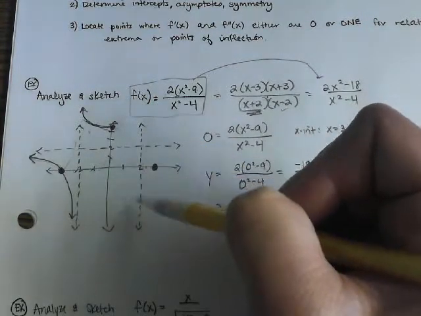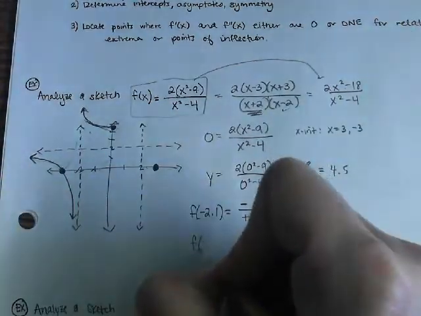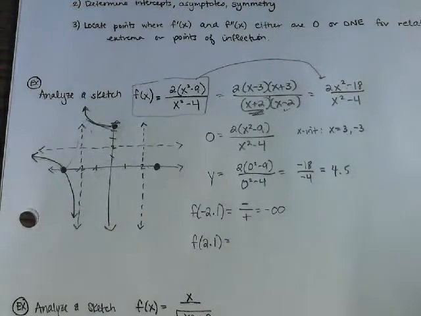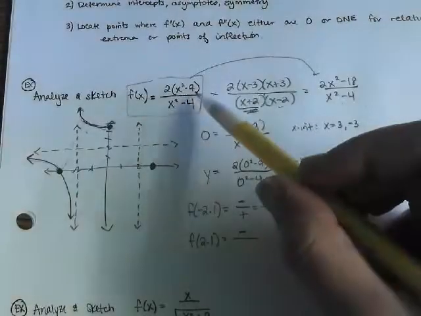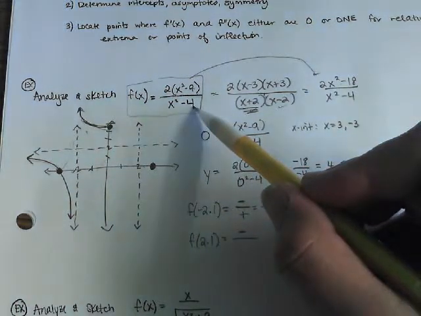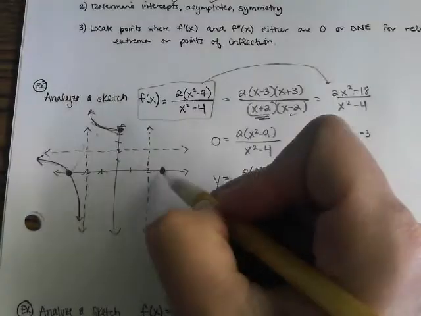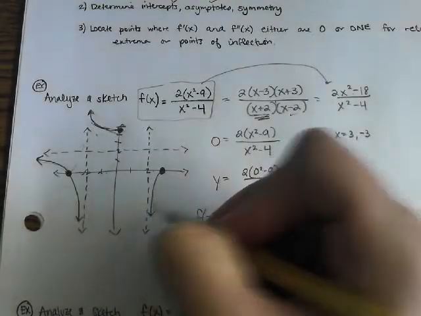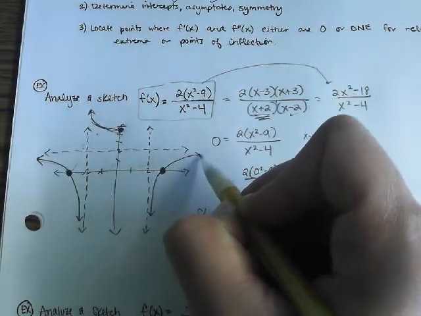So if I plug in a positive 2.1, I'm going to get a negative over a positive again. So that's going to also be negative infinity as I approach 2 from the right, which I'm assuming most people would have hopefully guessed anyway, because, again, our end behavior has to approach that horizontal asymptote.